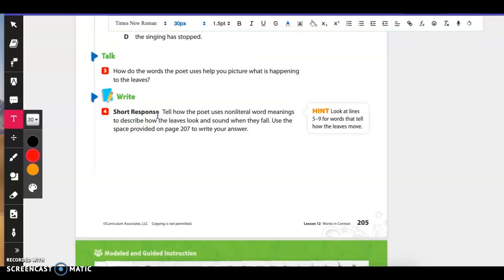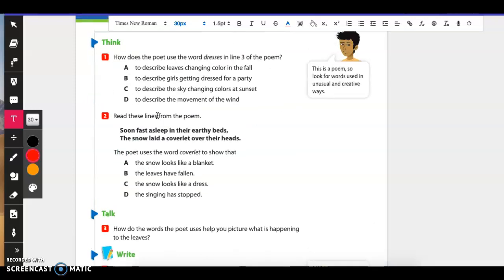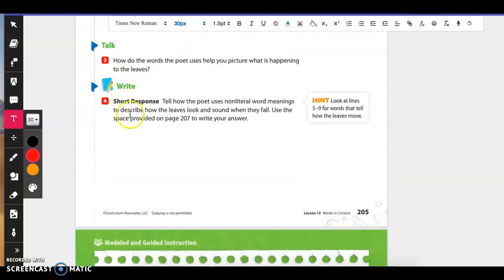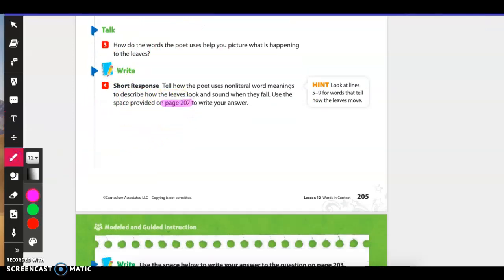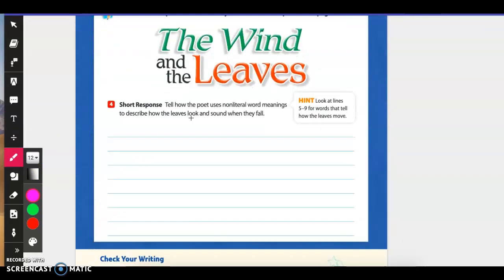Please make sure you follow all of the essential things to do while answering questions. So you should definitely highlight or circle important parts of the question and go back into the text to find your answer. And then don't forget, when you're answering number 4, you will answer that on page 207, right here.